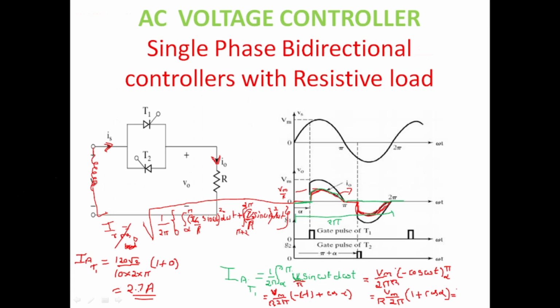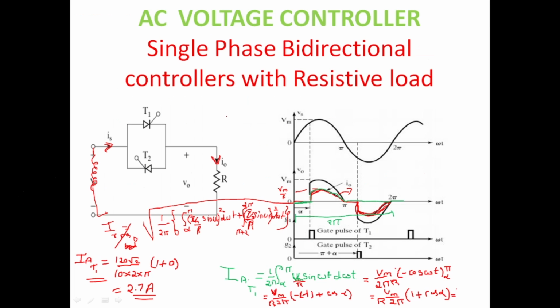So this is the average value of T1, meaning the average current which flows through thyristor T1. This is very important to find out the heat dissipated in thyristor T1 while it is conducting.